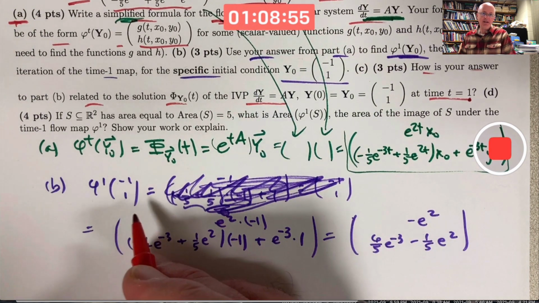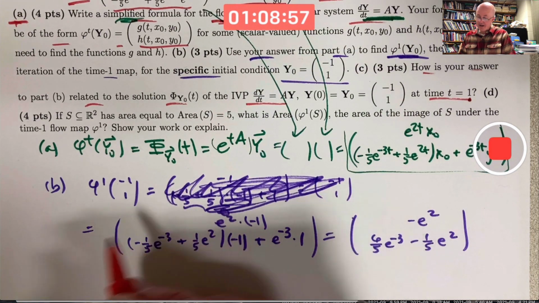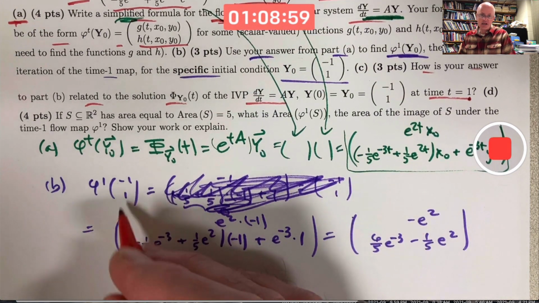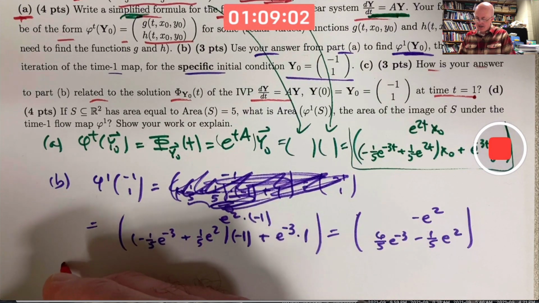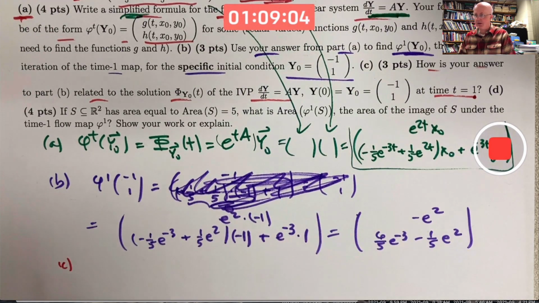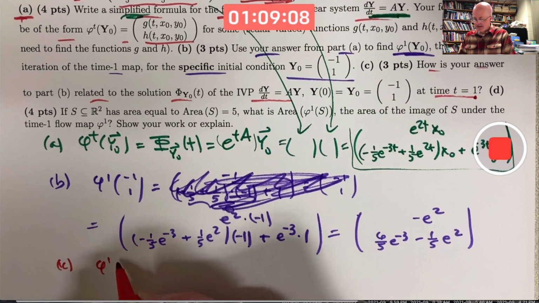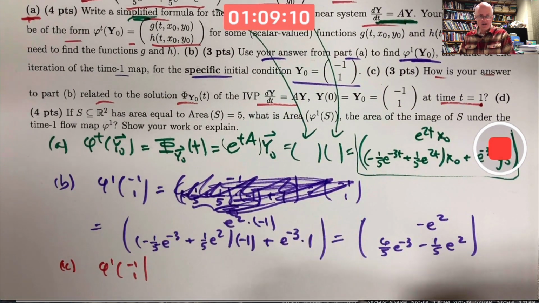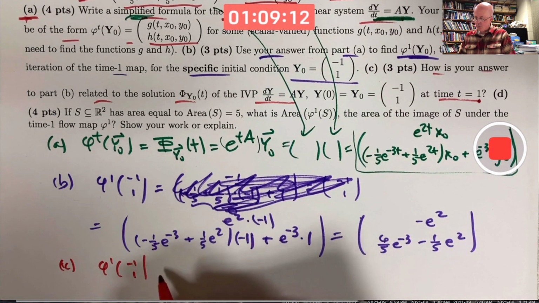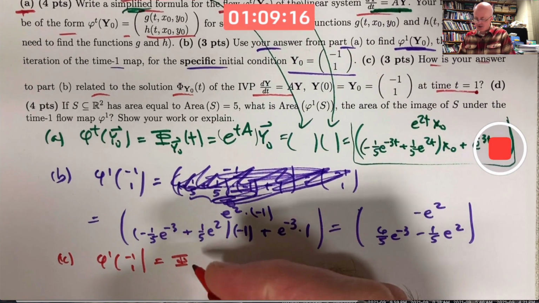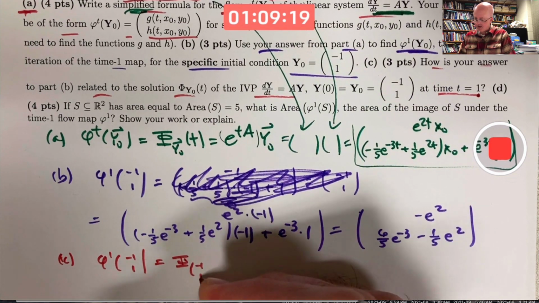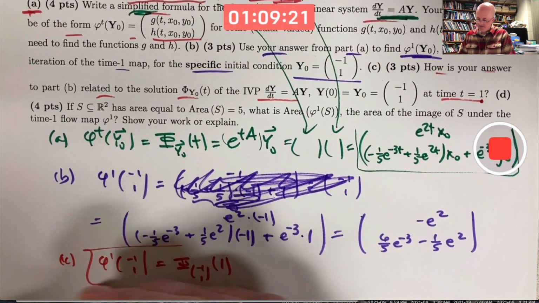We've essentially iterated the time 1 flow map, one iteration for a certain initial condition. And what I teach, again, along about lectures 20, 21, 22, 23, somewhere in there, is that these things are just going to be equal. This thing, which equals that, will equal the solution for that initial condition, negative 1, 1, at time 1. Okay, done. That's all you have to say.